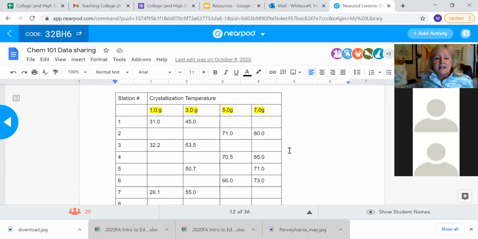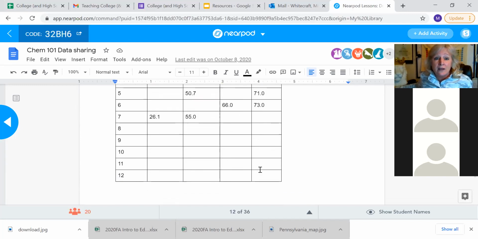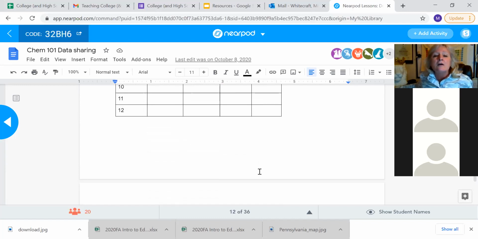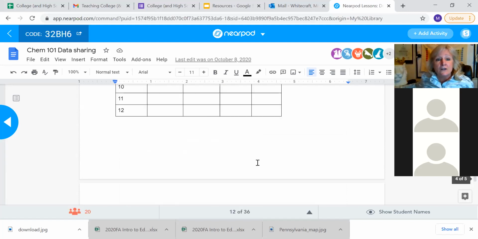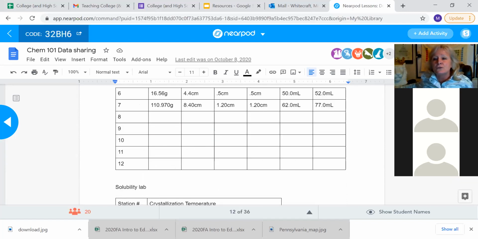So I love this aspect of using Google Docs for all of us to enter our data, because then the conclusion is richer, has much more rigor, because they're not just comparing to the theoretical value and their work, but looking at the work of other independent laboratories, if you will. So that's one way that I use Google Docs.